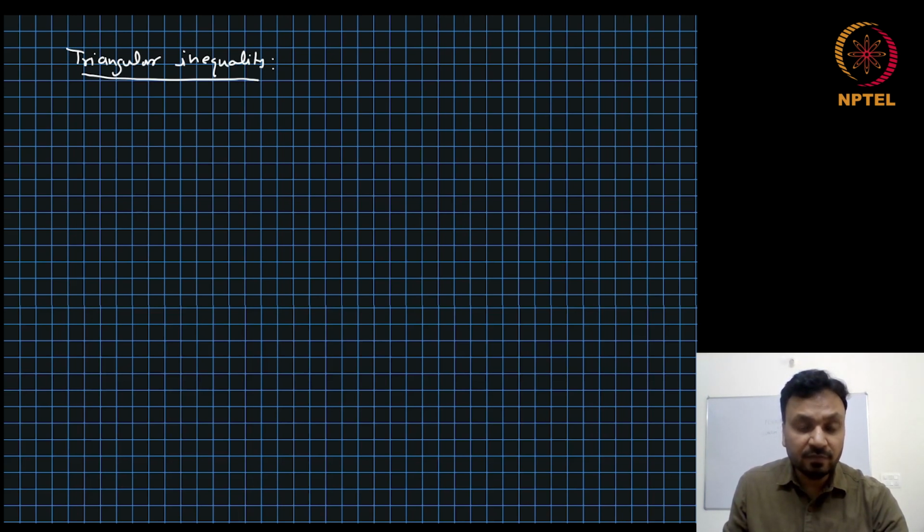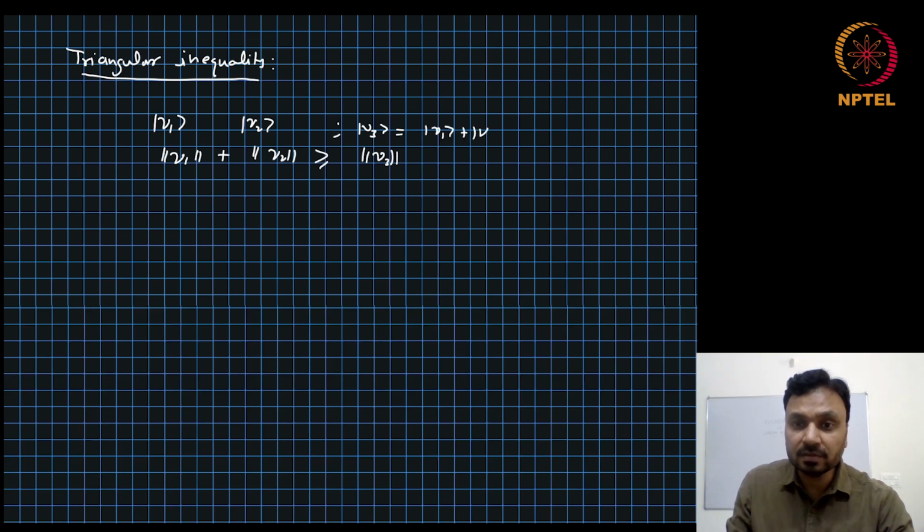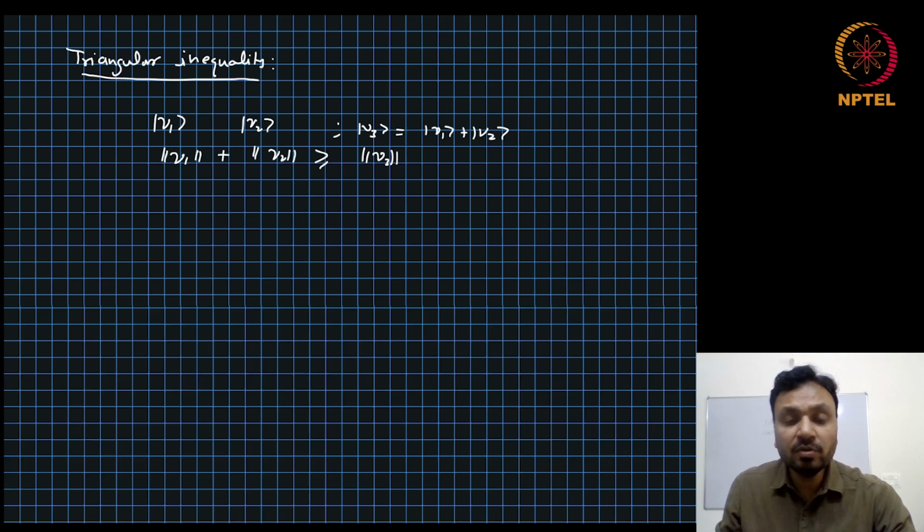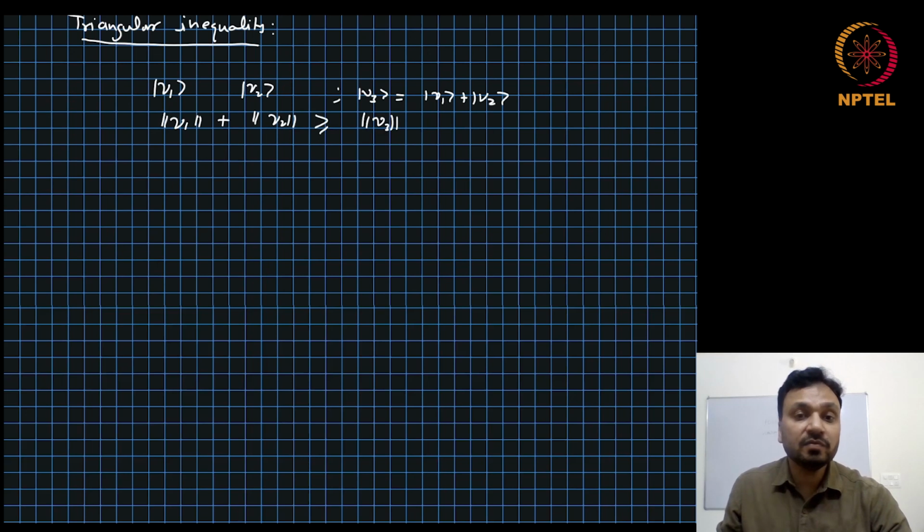It goes like this: if we have two vectors v1 and v2, then the sum of their norms, that is their lengths, is always greater than or equal to the length of v3, where v3 is the sum of v1 plus v2. So the sum of the individual lengths of two vectors is more than the length of the sum of the vectors.